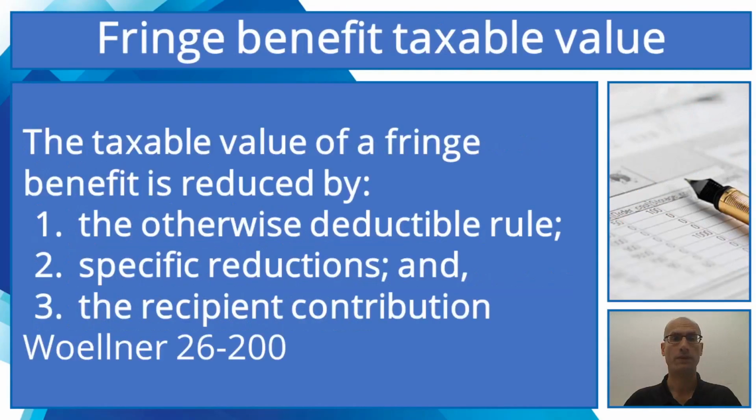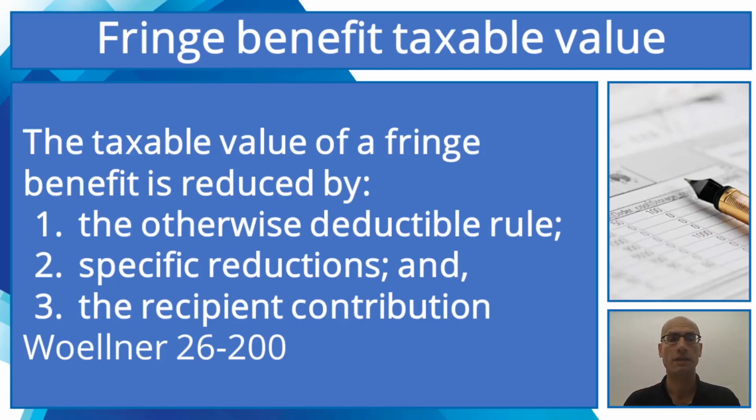Once we've determined that a fringe benefit exists, we've then got to work out what the taxable value of that particular benefit is. And there's a couple of things to note. The taxable value is going to be reduced by a couple of exceptions to the amount that would otherwise be incurred.